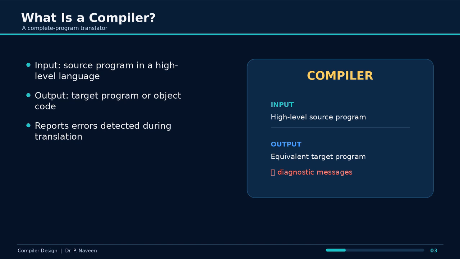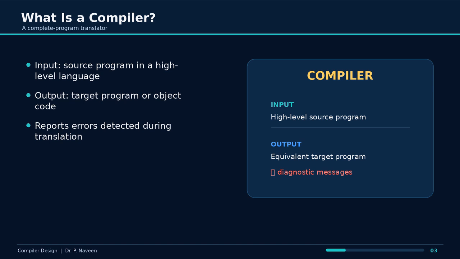What is a compiler? Now, let us understand the meaning of a compiler. A compiler is a system software. It translates a program written in a high-level language into a target program. The input given to the compiler is called the source program. The output produced by the compiler is called the target program.